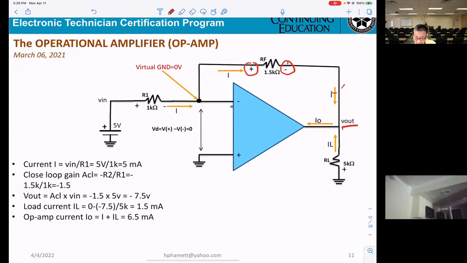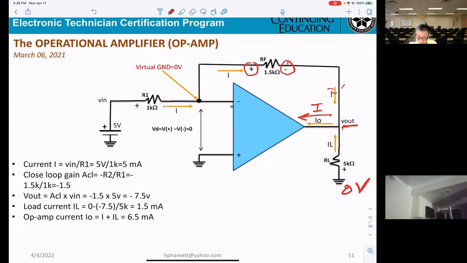So this current coming down cannot go into the load. The thing is negative. So that's why it comes in here. That current I. And also you get 0 volt here, and this will be the negative. So you get IL, that means the load current.